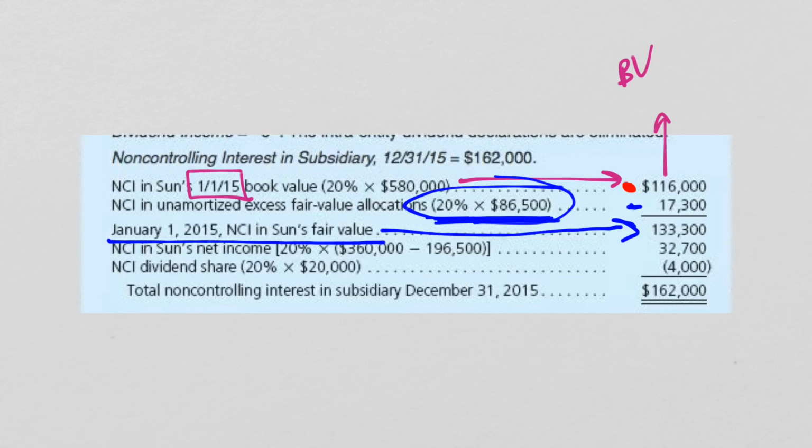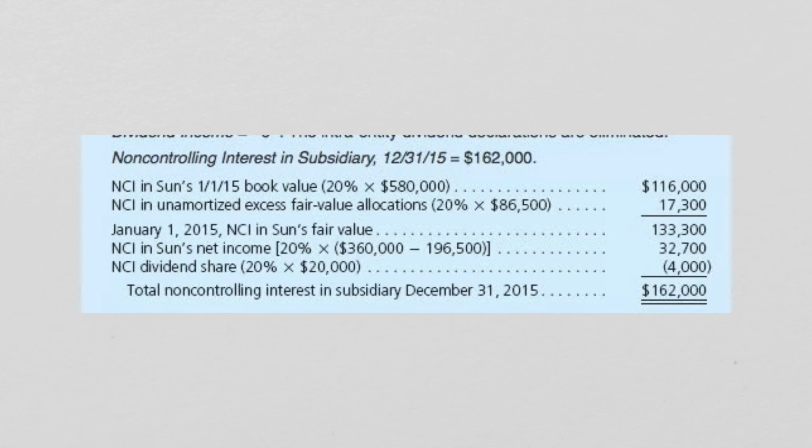And then, of course, the information in the problem allows you to figure out how this is going to change from beginning to end, because this is your beginning, and then you're going to know this is the income that belongs to the non-controlling interest, this is the dividend belonging to the non-controlling interest, and this is how the non-controlling interest should end up. How do we know about the income? Well, we'll get there, but they show you how to figure it out through here. All right, let's hold here, and we'll come back.